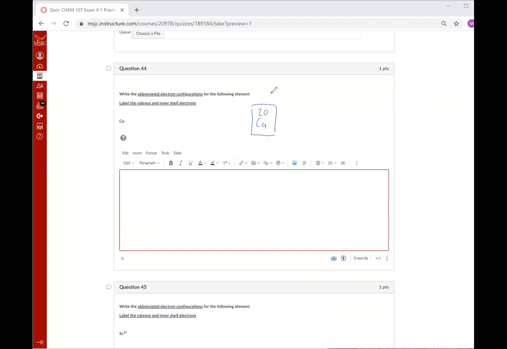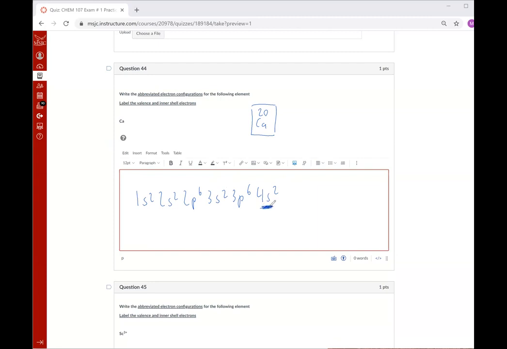Okay, 20. So we're going to fill our orbitals from the lowest to highest energy: 1s2, 2s2, 2p6, 3s2, 3p6, and then 4s2. So we used up all of our 20 electrons.